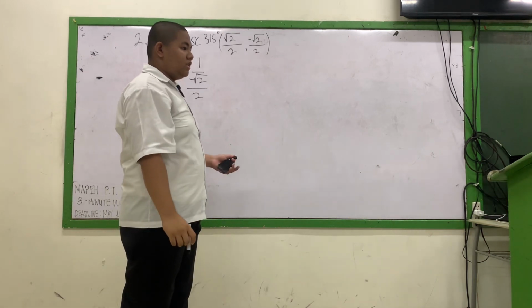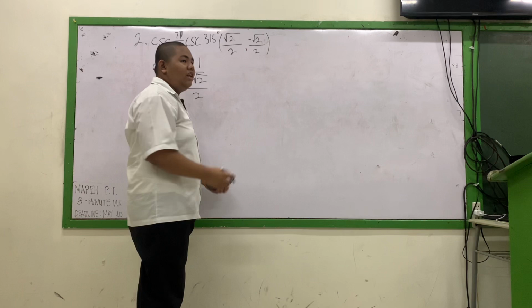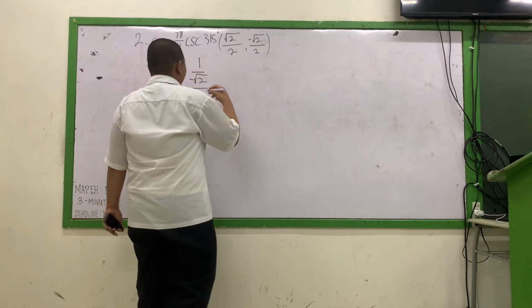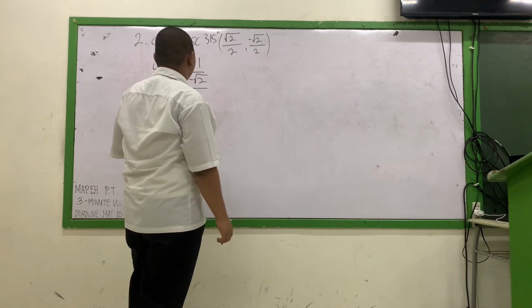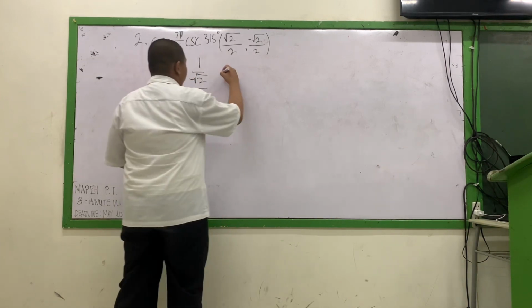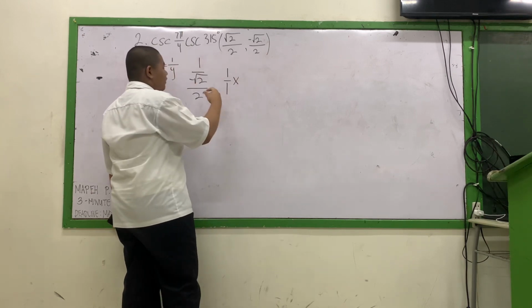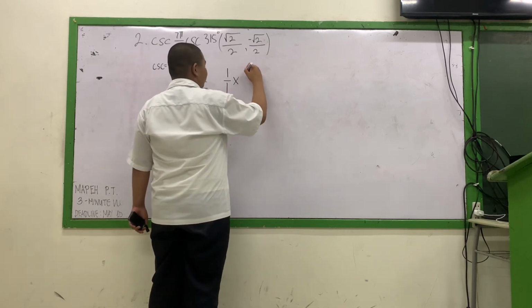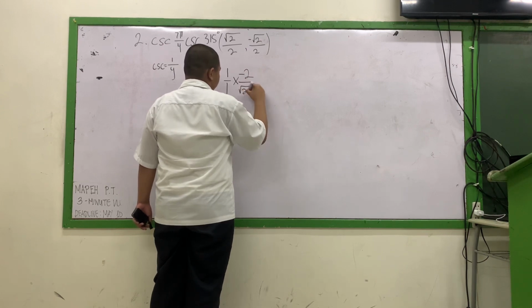But since this is a division of fractions, we need to find the reciprocal of the denominator. And since 1 is a whole number, it has the same value as 1 over 1 times, since we're looking for the reciprocal, negative 2 over square root of 2.